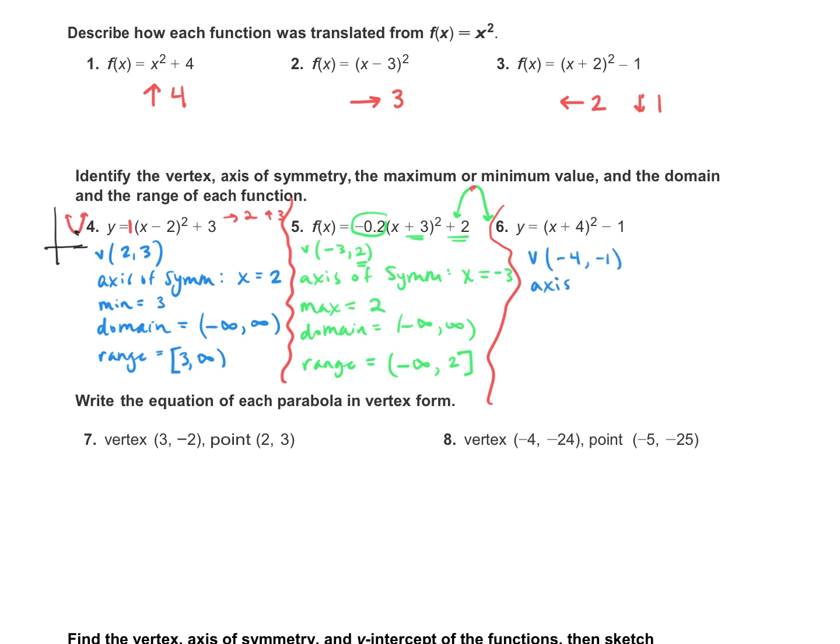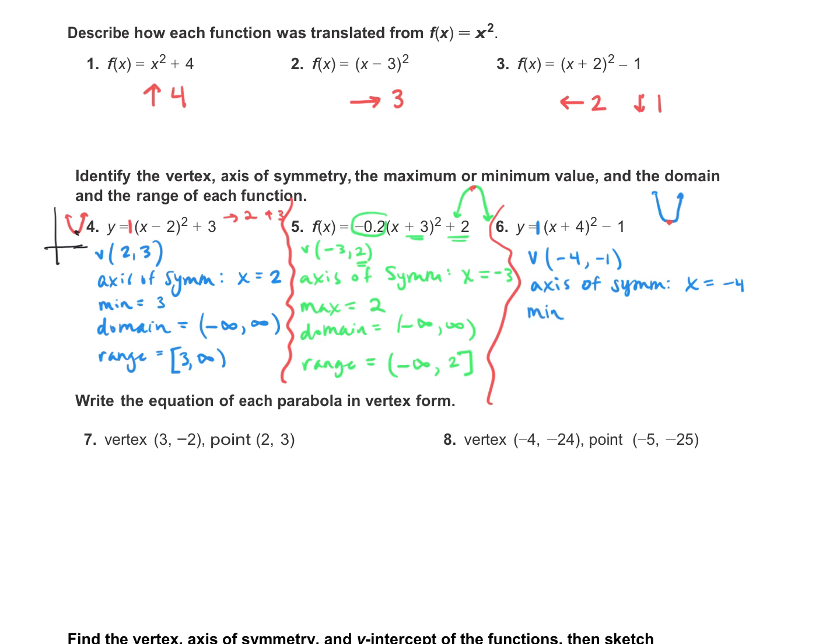Axis of symmetry is x equals, and it's going to go through the vertex, so x will equal -4, that vertical line. This quadratic function has a 1 for your a value, which is positive, so it is opening up. That just gives us a nice visual to see that we have a minimum, not a maximum.